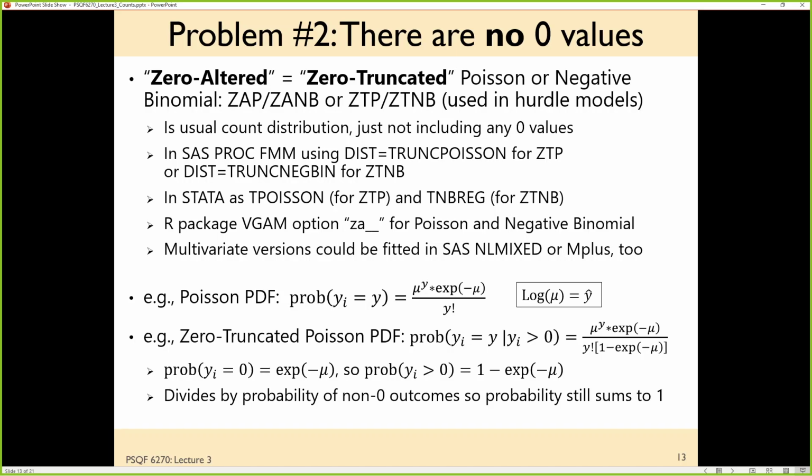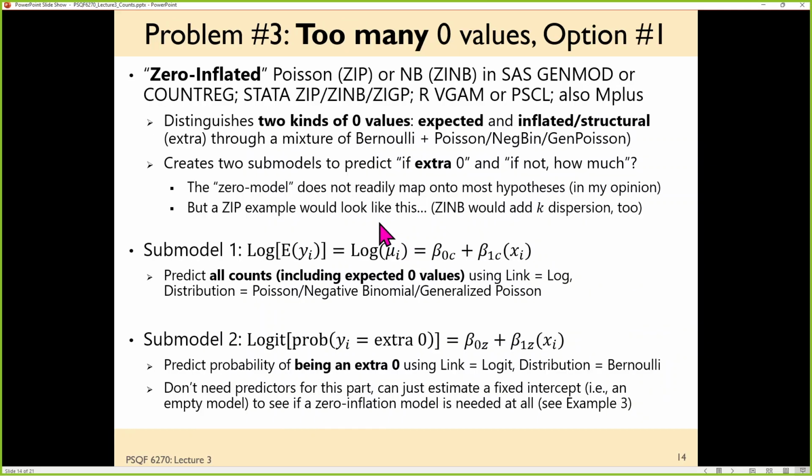It is called zero altered or zero truncated. And it essentially rearranges the probability function so that it still sums to 1 without 0. So you just pick these options instead, and you're good to go. That's going to be needed to address zero inflation in just a second.